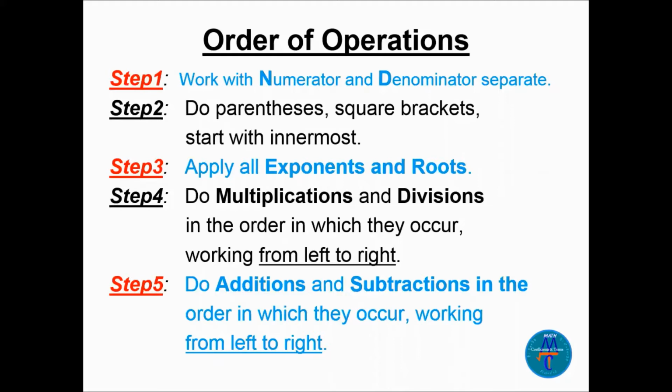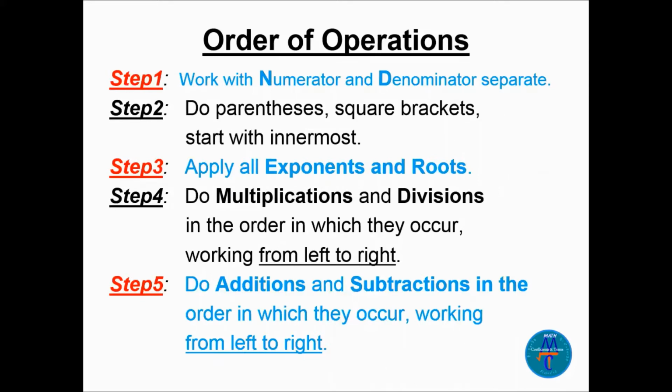Step number 2, if there are any parentheses or square brackets or any kind of brackets, start with the innermost ones. Try to go inside the brackets, simplify the number, and then you start going outside.